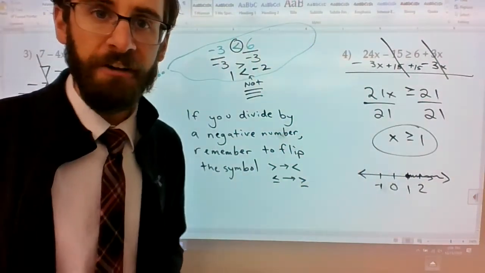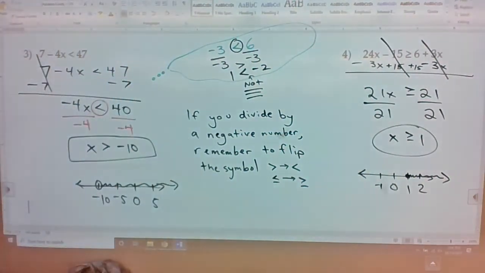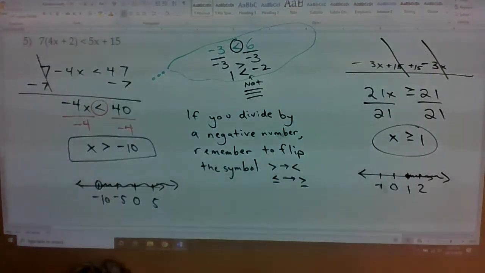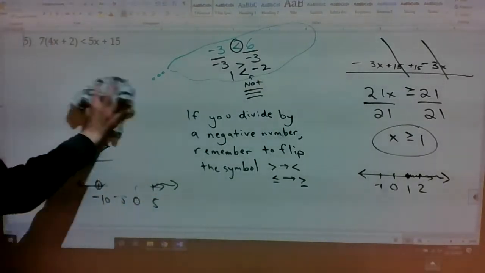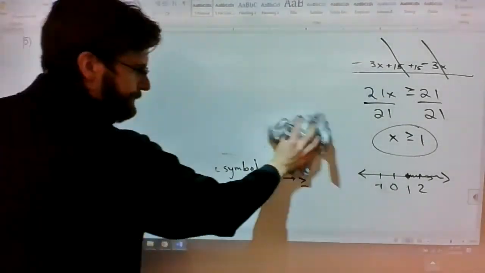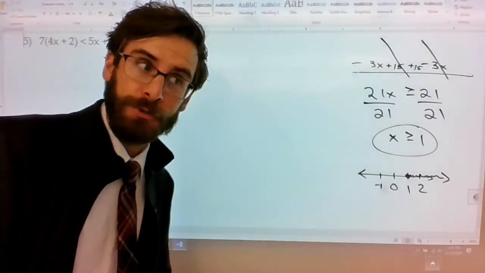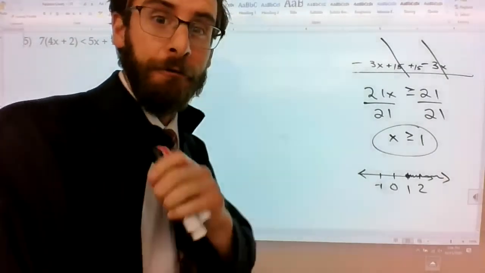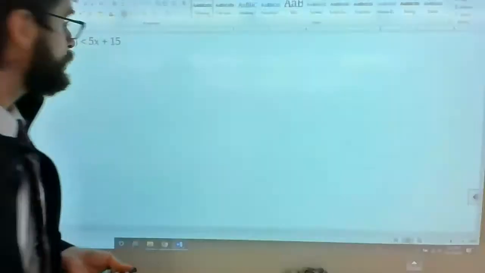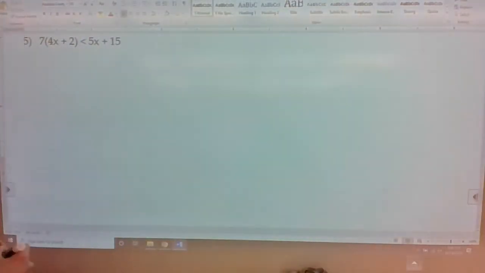All right, let's check out 5. So what happens when we add grouping symbols? Similar to 2.3 from the last chapter. Well, you're still using the distributive property.